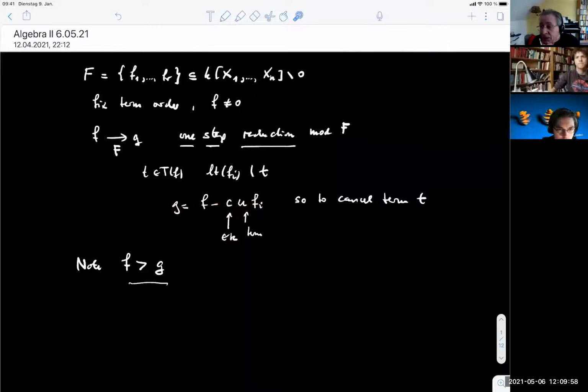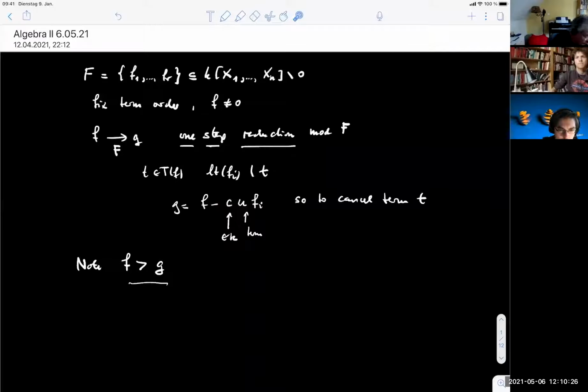But then I look at the next term, etc. So f and g have the same terms if I order them in my term order, until I arrive at the term t. The term t was there in f, but is not there anymore in g. So that's why f is larger than g. I hope this is more or less clear.